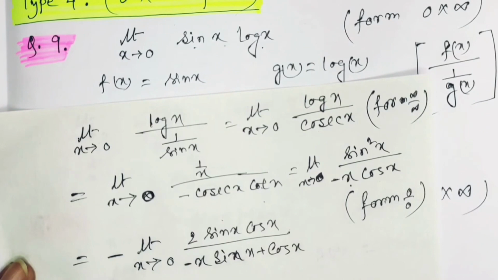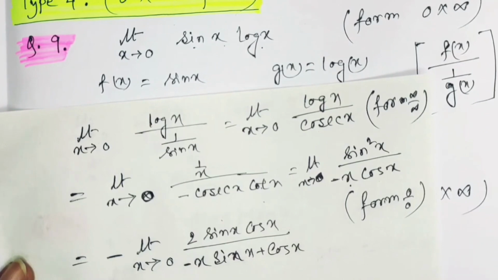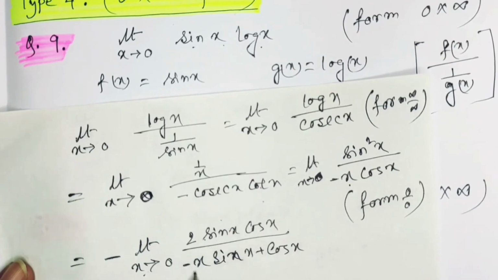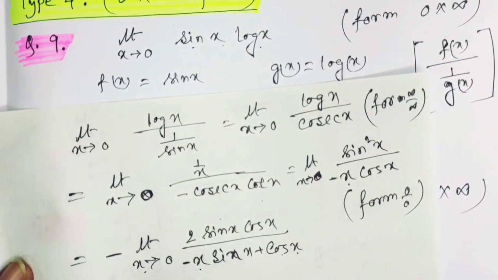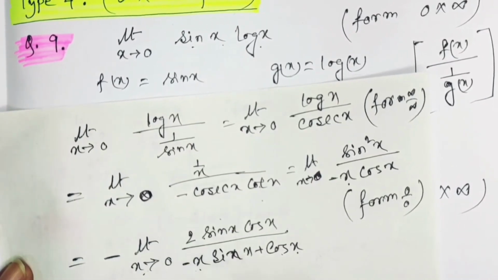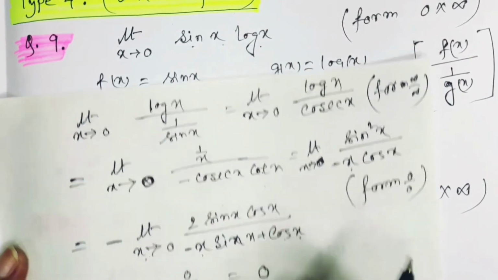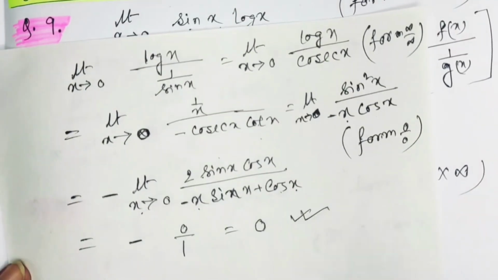Now we substitute the limiting value, so this one is 0 and this one is 0 and cos 0 is 1. So it is no more in the 0 by 0 form, so it is minus of 0 by 1, so finally the limiting value is 0.